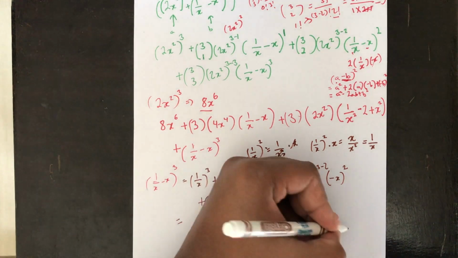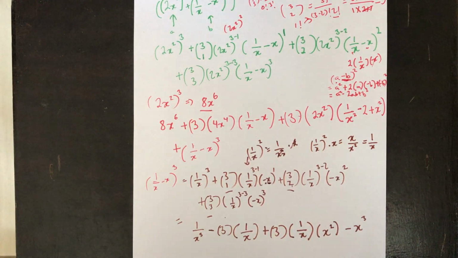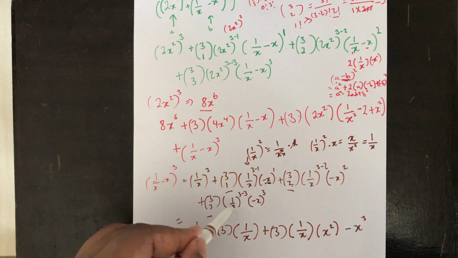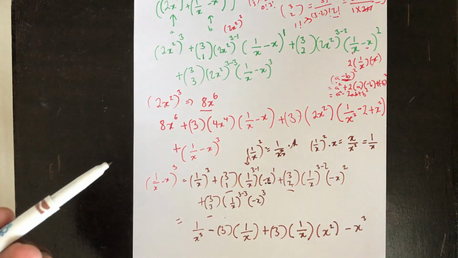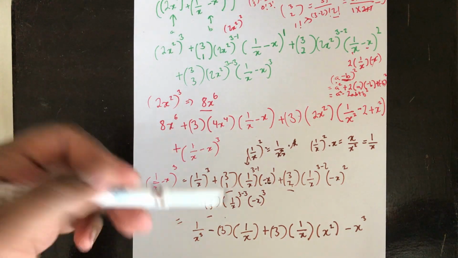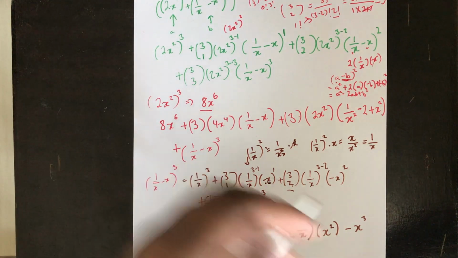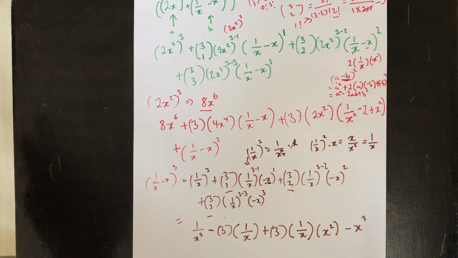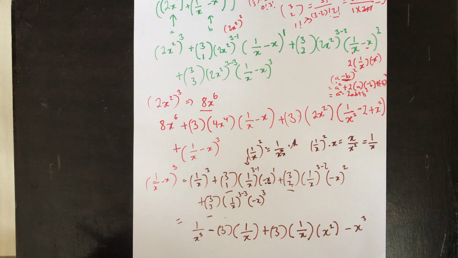The last bit, it's just going to be minus x cubed, because 3 choose 3 is 1, and 1 over x power 0 is also 1, and minus x cubed is just minus x cubed. So this is basically the expansion of how it's going to be.